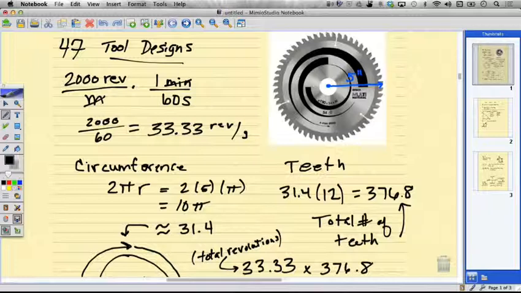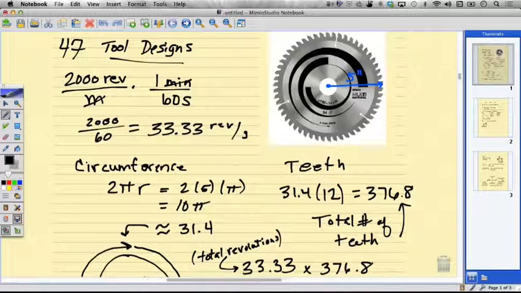The hard part about this problem is putting the pieces together and figuring out what it is that you need. If I don't know what I'm trying to find, I don't know where to go with this. I've got the numbers down, but what am I trying to find? This one doesn't really specify what you have to do to get the answer. You kind of have to know where you're going with it.